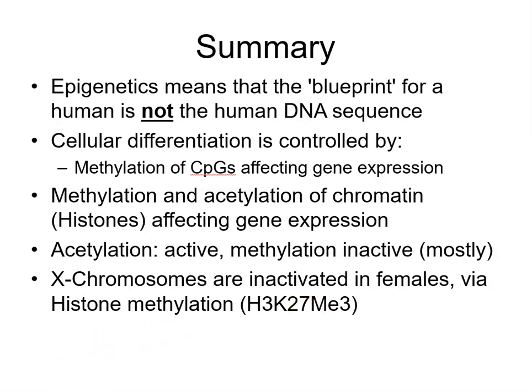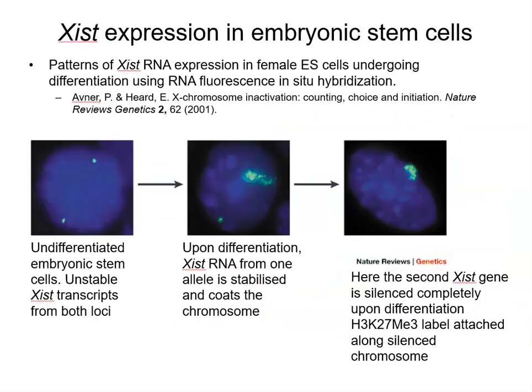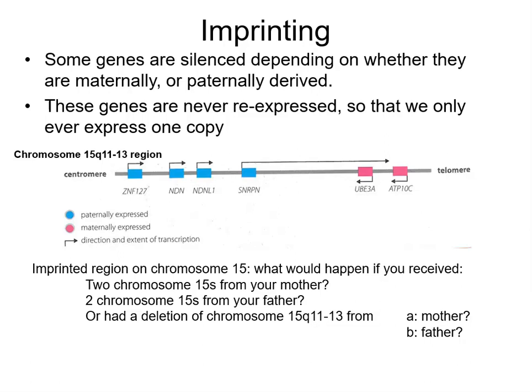Now there are a few bonus slides if you're interested. This slide talks about how the X chromosome is inactivated, and it's taking images from that Scitable article that I've just shown you. And then there are a couple of slides which are really quite hardcore relating to imprinting. Imprinting relates to regions of the genome which are not demethylated post-fertilization, so that you only get paternally expressed genes and maternally expressed genes.